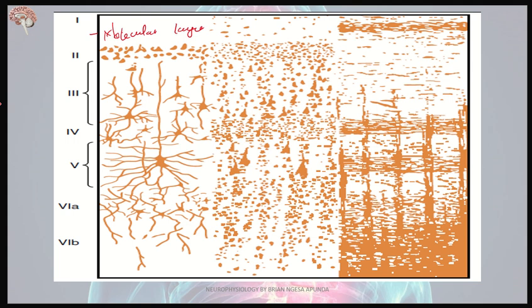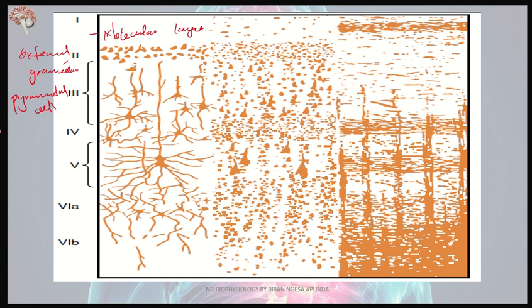Layer 2, we have what we call the external granular layer. Layer 3, we have the layer of the pyramidal cells. Remember, we were talking about the pyramidal tracts.